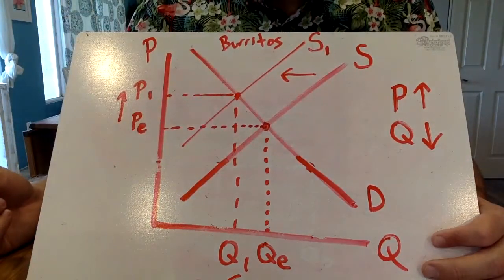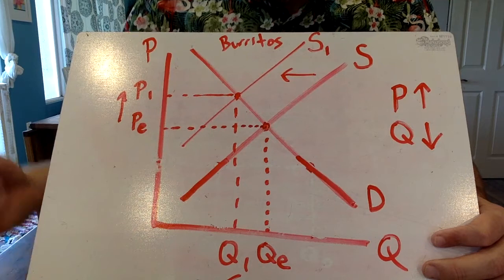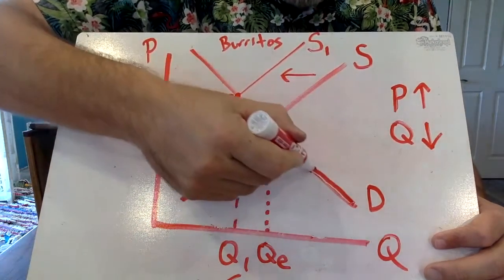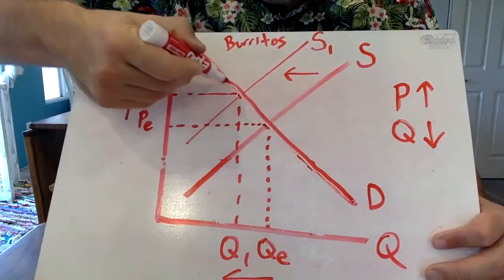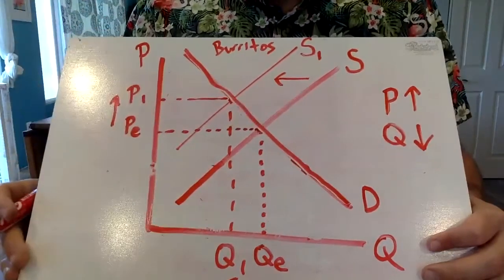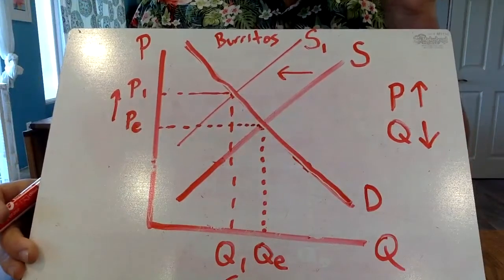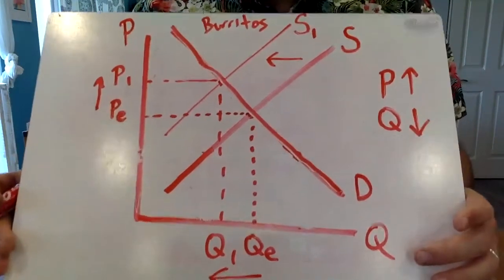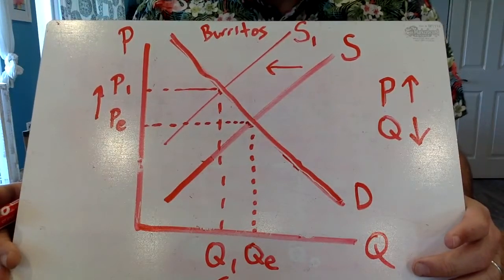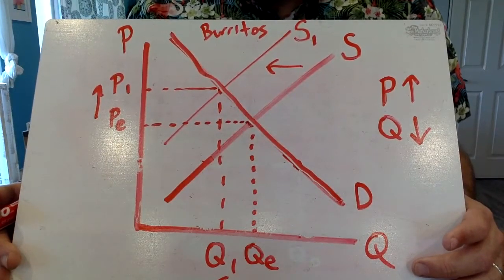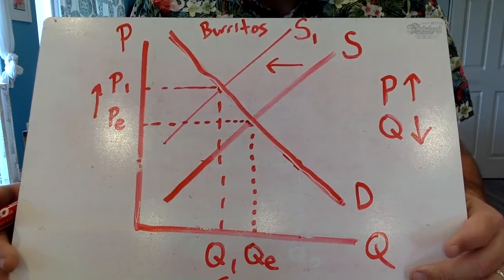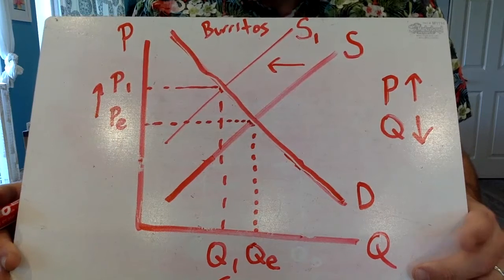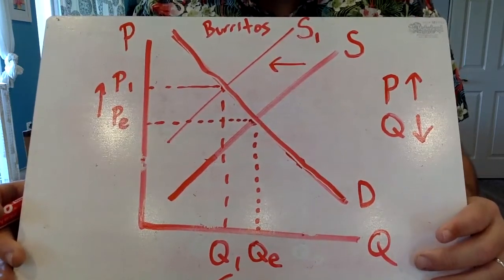What happened to demand? Demand did not move. My demand curve is still in the same place, right? For me, the desire to eat a carne asada burrito or a California burrito is unchanged because there's a virus outbreak. What I feel about carne asada burritos, the utility that I get, is still the same.